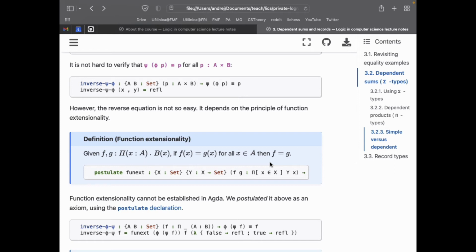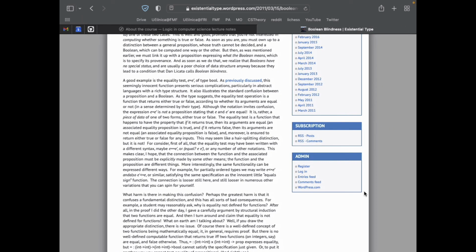So what we can do is postulate function extensionality. This means that in Agda, you add something without defining it. You say postulate, and you say, I'm going to have funX, which has this type, and this type is precisely what's written up here, namely, that if two functions have the same values, oops, nope.